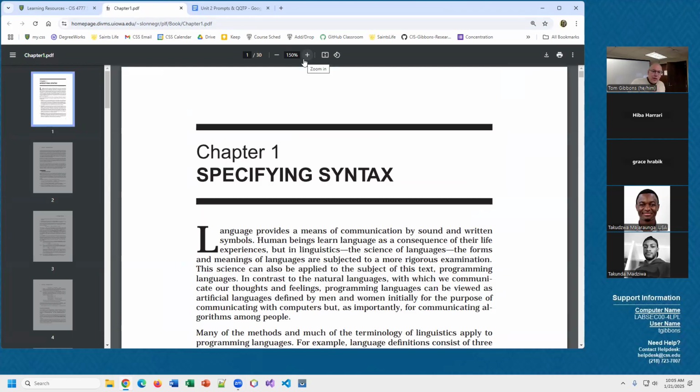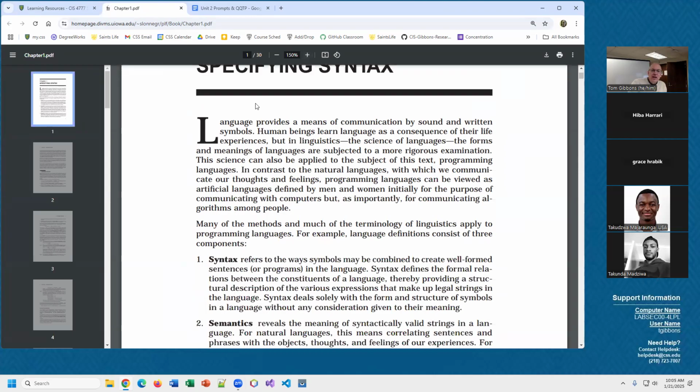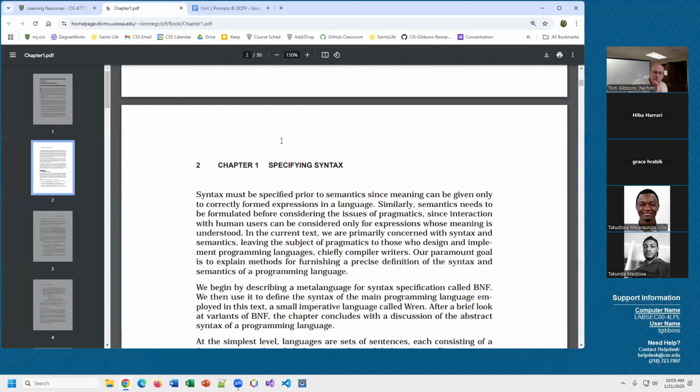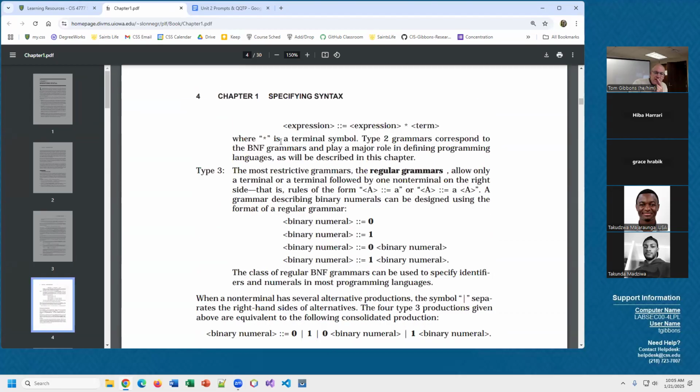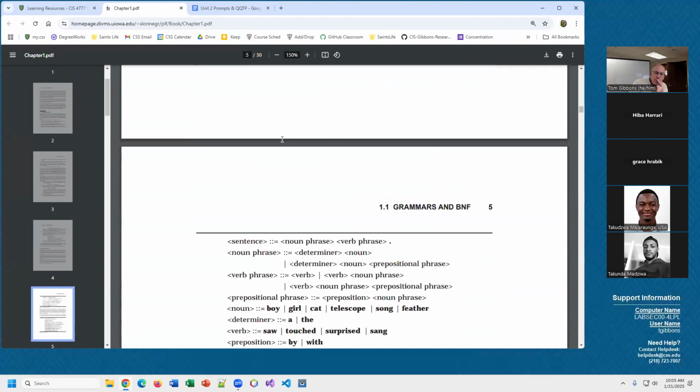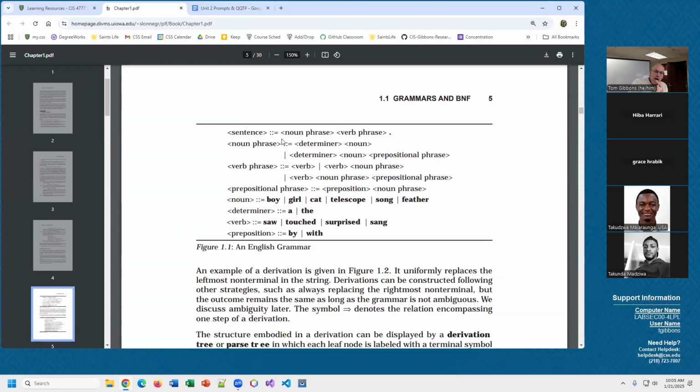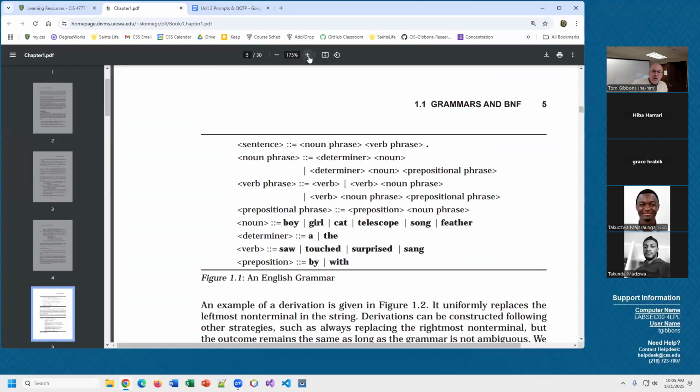I'm actually going to scroll down to the example and walk through the example first as a way of looking at this stuff. So we're going to work with defining these languages, or what we would call a grammar. A grammar is a definition for how you make statements or sentences in a language.